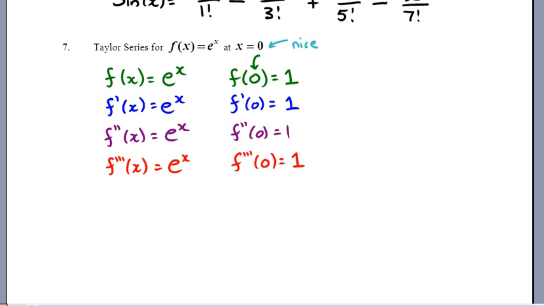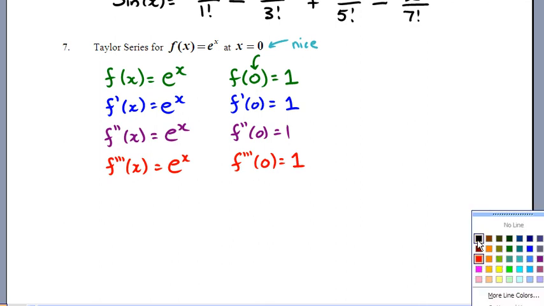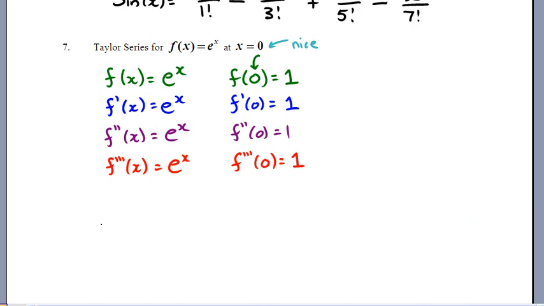Now, the series for e to the x, what's it going to look like? If you try this out, you can say, hey, you don't want to work with e to the x? Let's work with some polynomials instead. If I go with the 0th order term, the first term that physically shows up, that would just be that green 1. So I'd have the 1 there. Then I'm going to go to the blue term.